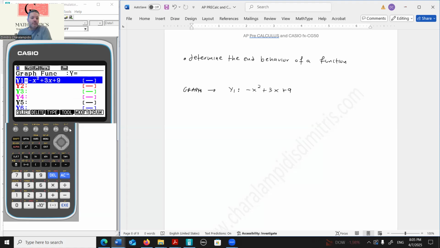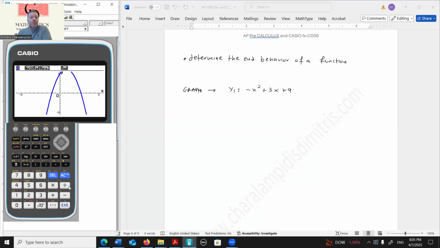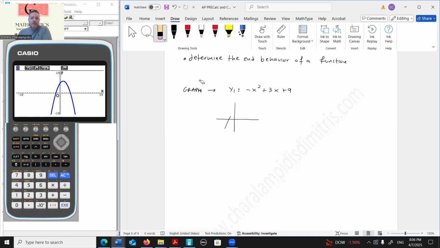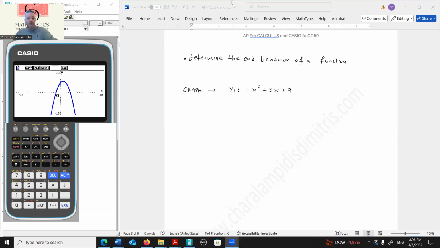So let's draw it and see what happens. To see the entire thing, we zoom out, and I got that graph.